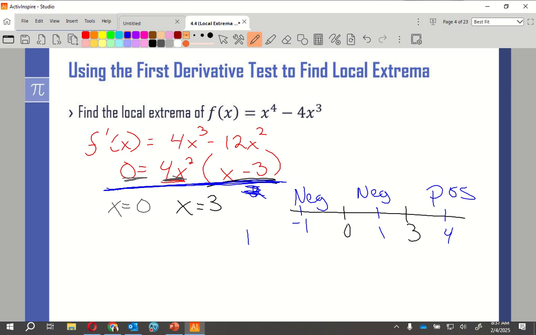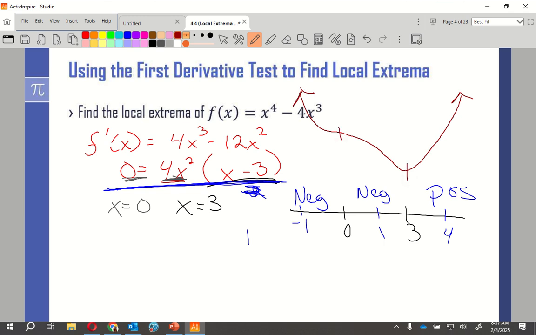So therefore, if I were to sketch my graph right here, it's going to go down to 0, down again to 3, and at 3, it goes back up.